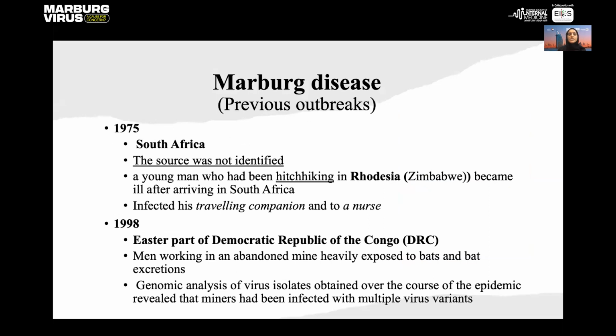after the 1960s, to be honest, most of the outbreaks happened mainly in the African subcontinent. So in 1975, South Africa encountered an outbreak. The source was not identified, and it was among a patient who practiced hitchhiking in Zimbabwe, and then traveled to his own village and infected his traveling companion and the nurse, and that's what caused the outbreak.